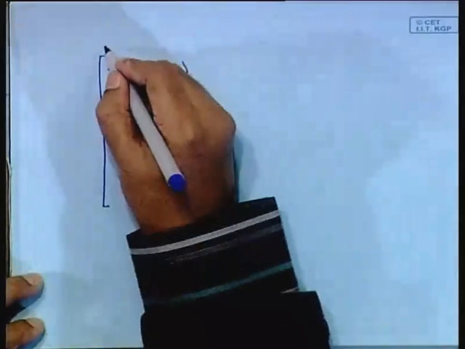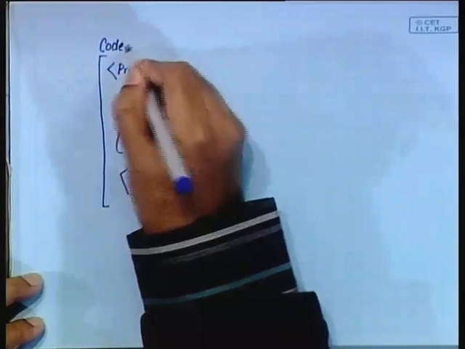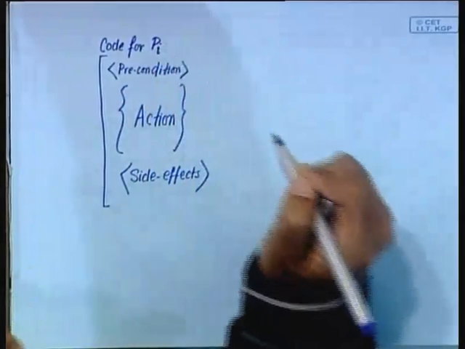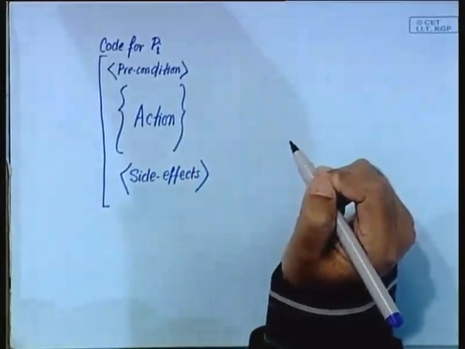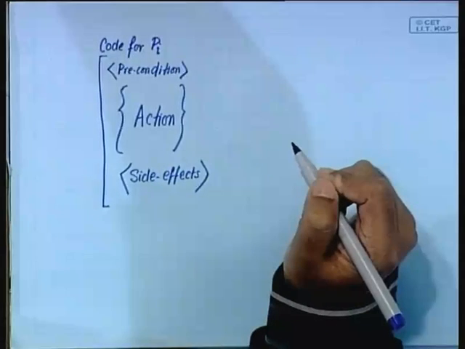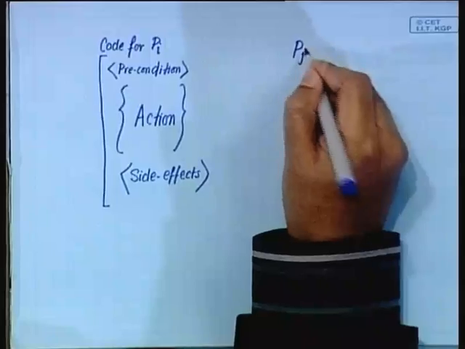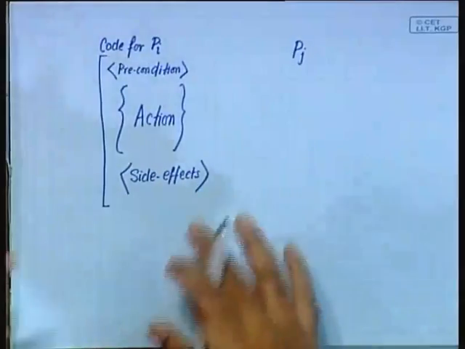So, you will say that this is the code for process Pi in the ith location. Okay. Pj will be similar, except that it is executing on a different machine.